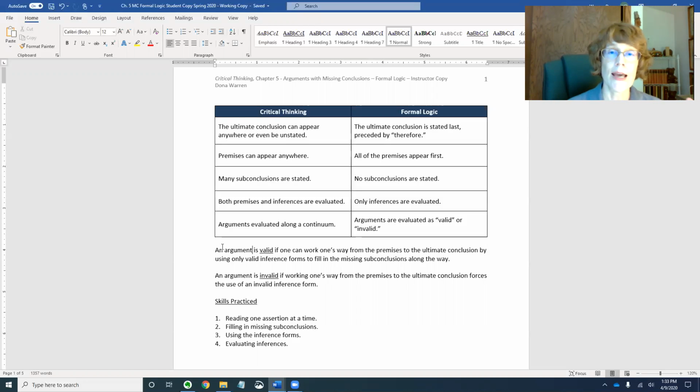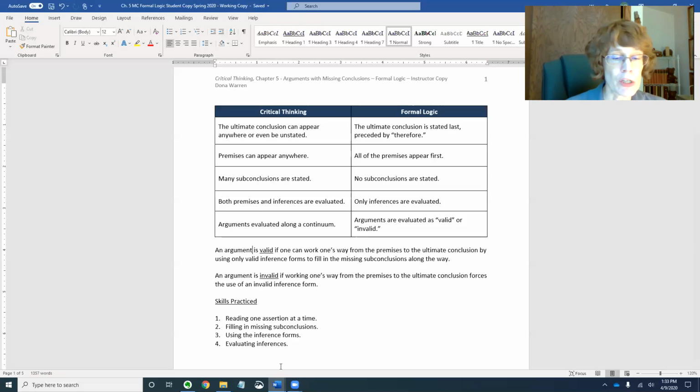On the other hand, if any attempt to go from the premise block to the ultimate conclusion forces us into a logical error, makes us commit a formal fallacy, then the argument as a whole is invalid because it has a weak link, right?